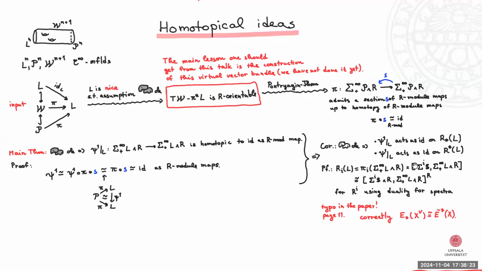But there is a result that tells you that this is the same thing. So this is just homotopy classes of maps of spectra, but not R modules. But there is a natural equivalence that says that this is the same thing as mapping here, right? And in here, you know that this time flow one map acts as identity on those fellas. So the map that is induced in this generalized homology theory is going to be the identity.